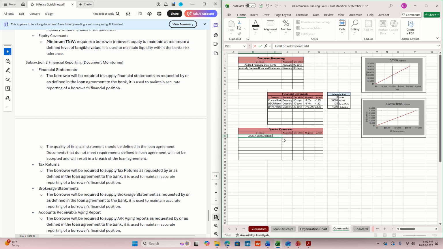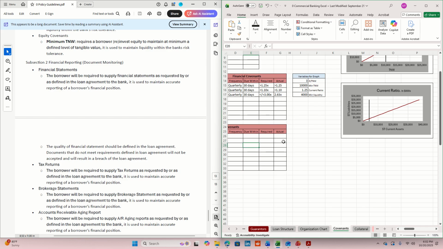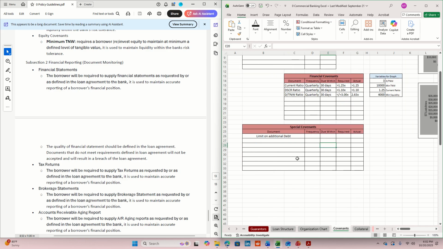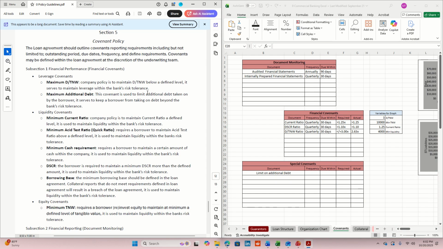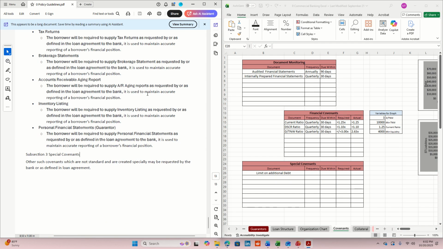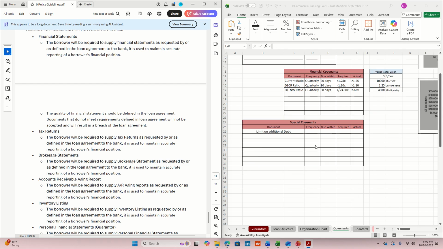Right? We can do a limit on additional debt. Frequency, we're going to make this an annual thing.